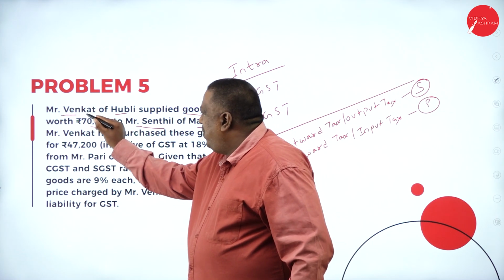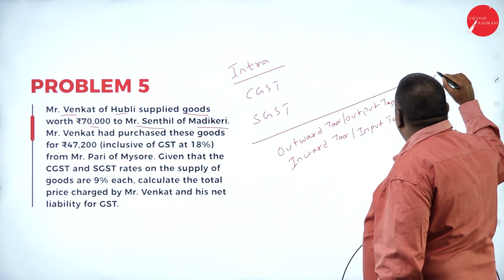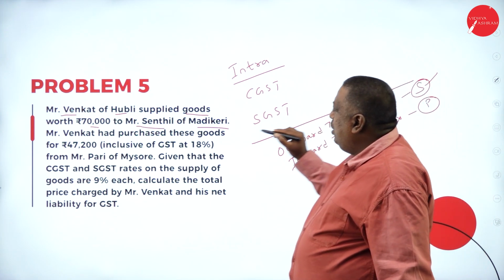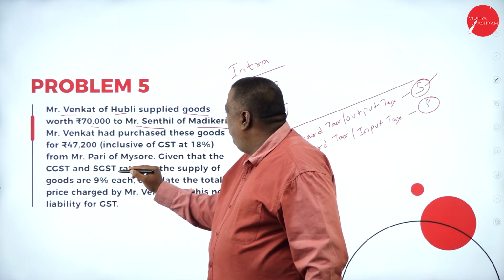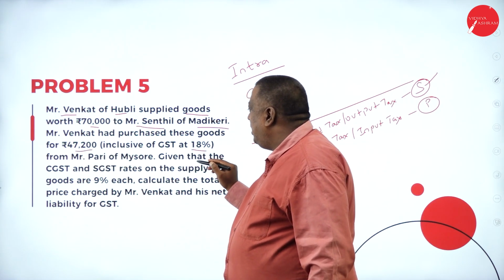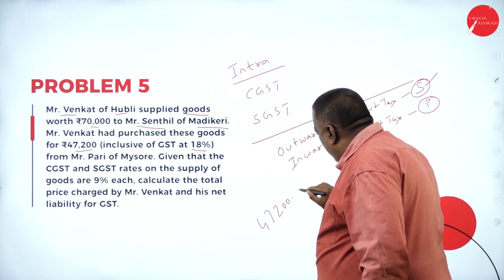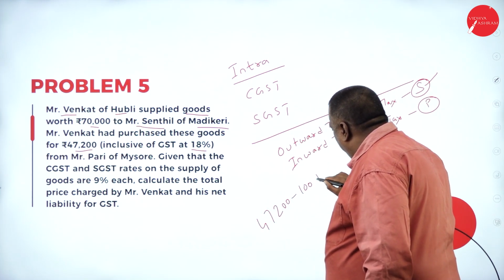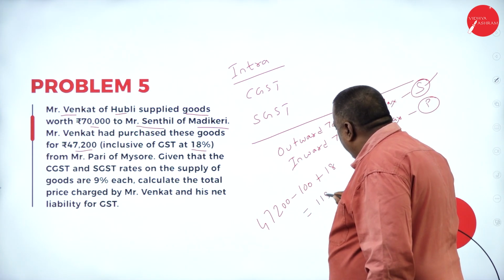Now, Mr. Venkat from Hubli is selling the goods to Mr. Sendil, but these goods were purchased by him at 47,200 inclusive of tax, meaning the 47,200 includes the cost of the product plus 18% of GST, that is nothing but 118%.